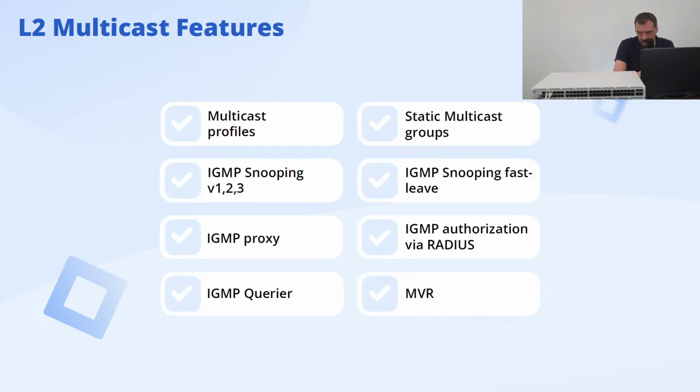So we have some features based upon this, like multicast profiles, where you can choose the range of the multicast addresses, either IPv4 or IPv6. It depends on the protocol that you are using.